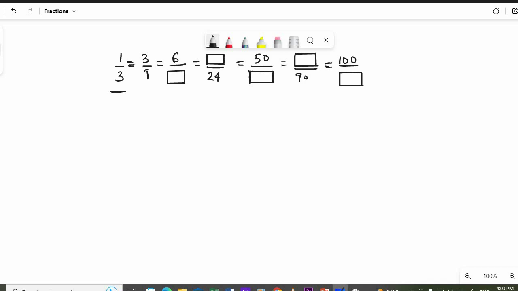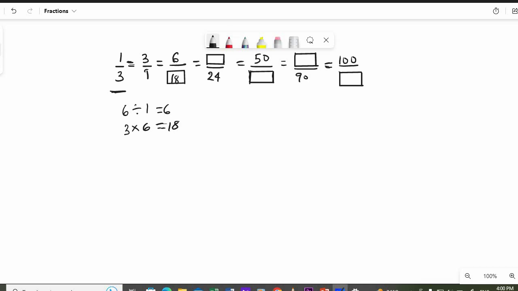So what we do to get this missing number is to say 6 divided by 1 to give us 6. And then we multiply this 3 by 6 to give us 18. So the answer here will be 18.